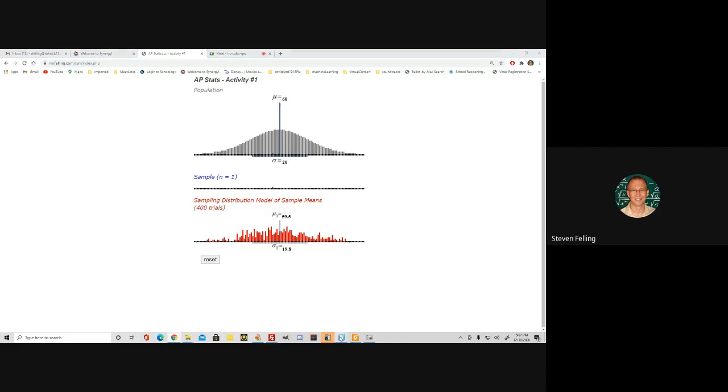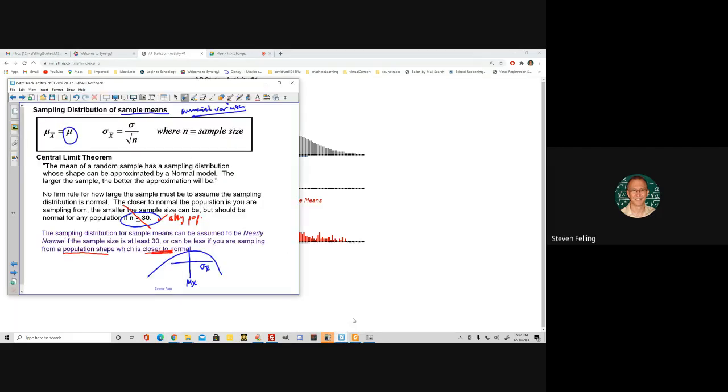So the point is that this rule about having a sample size of at least 30 is a guarantee no matter how crazy the population shape is. But if you're sampling from a population shape that's closer to normal, then n can be less than 30, sometimes substantially less than 30. If you're sampling out of a normal population, it can even be a sample size of 1.